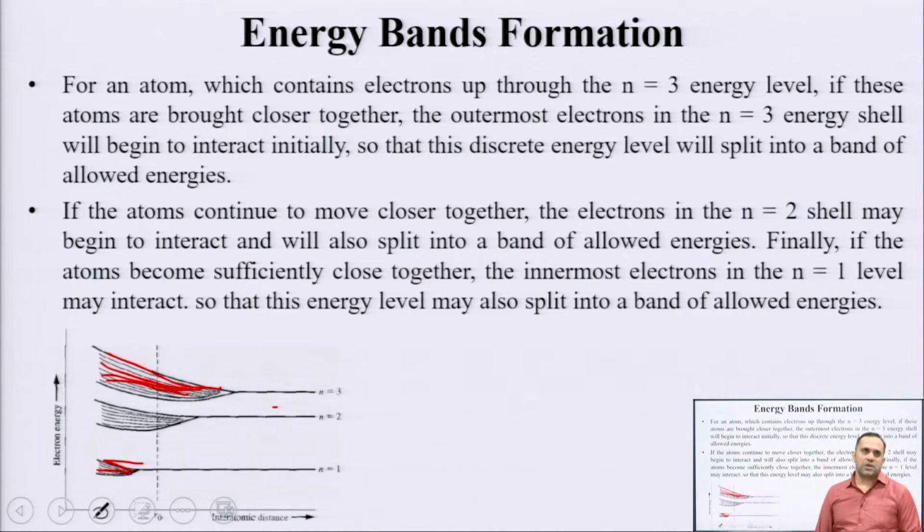To make sure that the discretized energy nature of electrons is satisfied and that Pauli's exclusion principle is not violated, the discrete energy levels split during interatomic interaction and result in the formation of energy bands. So, this is basically the theory of how energy bands are formed.